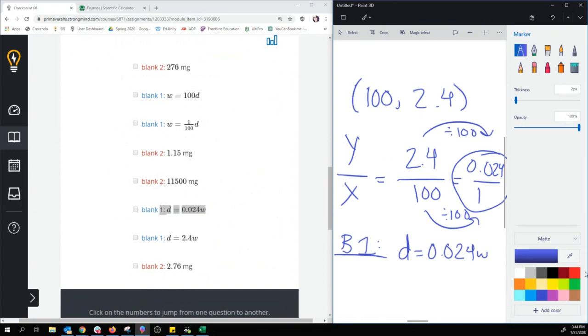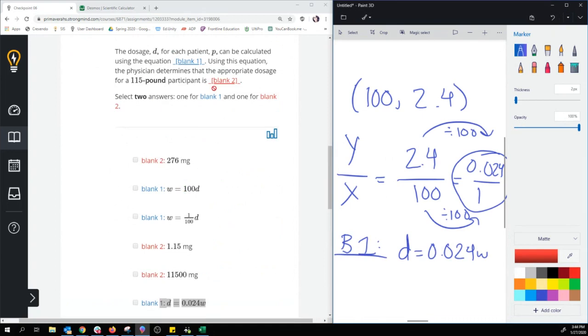Blank 2 is asking what would be the appropriate dose for a 115-pound participant. If our participant weighs 115 pounds, is that D or is that W? Is that the weight or the dosage? The W, perfect, which is the weight.